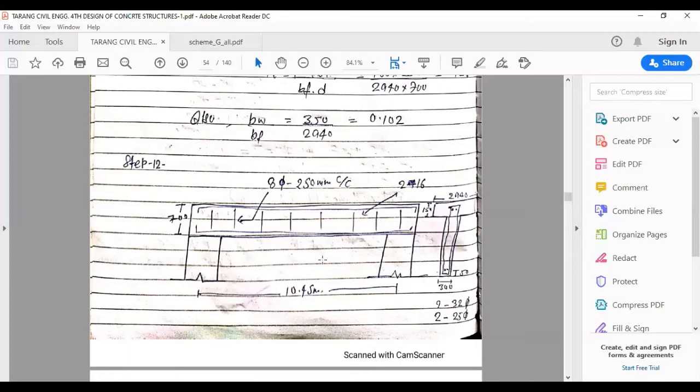And if we cut this section from here and see the section, it will look like this somehow. As you can see, the depth of flange Df is 150, represented here. The value of bf, the breadth of flange, is given as 2940 mm. The value of effective cover, as you can see, is given as 50 mm. So this fulfills the criteria.